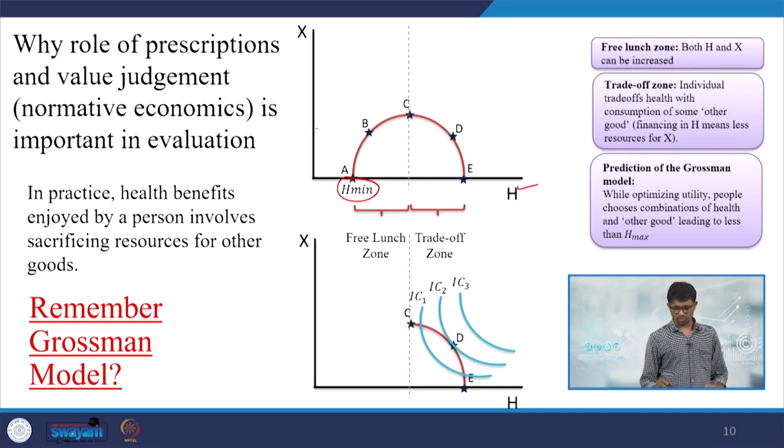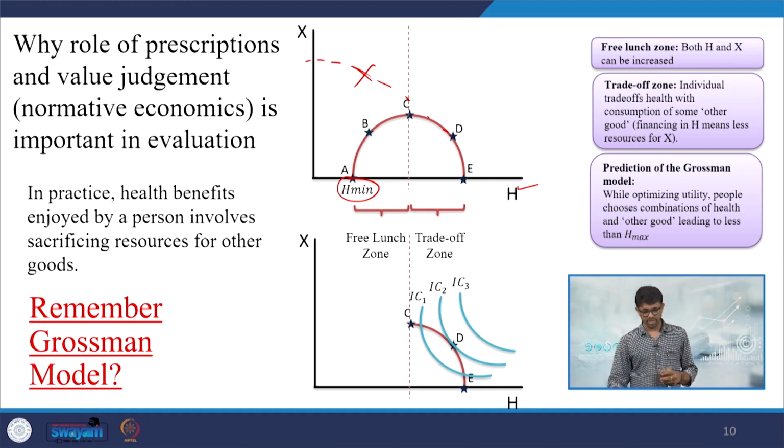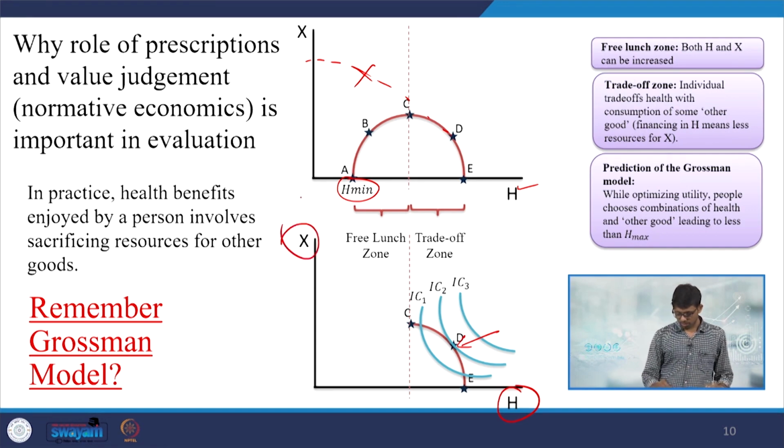It does not start from zero, it is not the case with health at all. This is rejected, as we already said. Usually we explain in the context of two economic or consumption based goods, then that is a possibility, whereas in the health case it starts from H minimum, and there we emphasize the pre-launch and trade off zone, and we mentioned that the optimization is usually discussed in the trade off zone, comparing H and X, after the pre-launch zone.